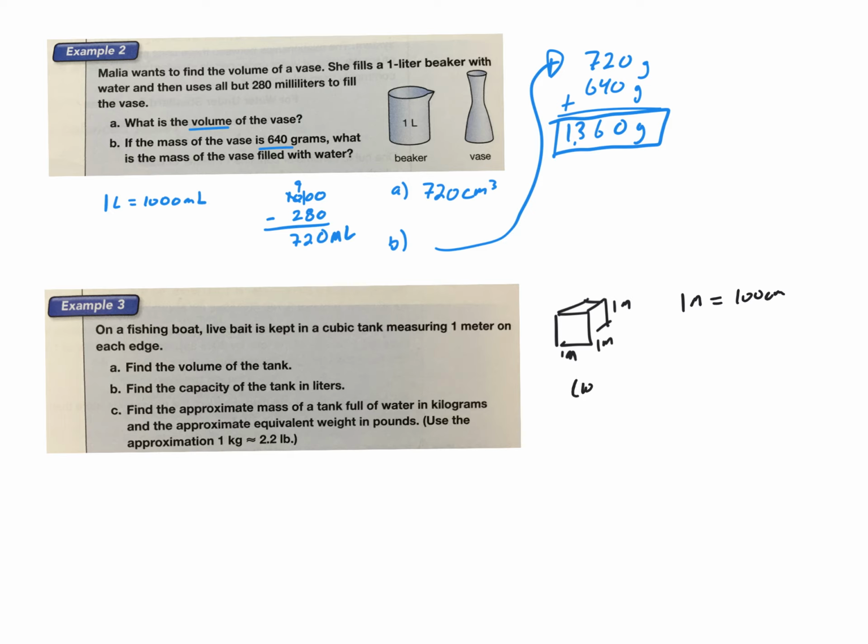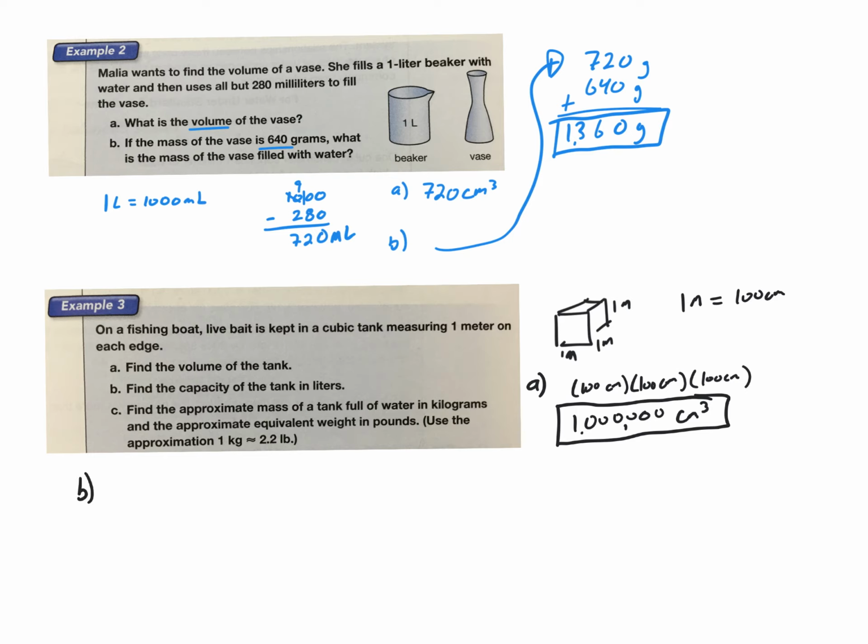So I'm going to say 100 centimeters by 100 centimeters times 100 centimeters. So it's going to be a 1 with 1, 2, 3, 4, 5, 6 zeros after it. Centimeters cubed for part A. That's my volume in centimeters cubed.